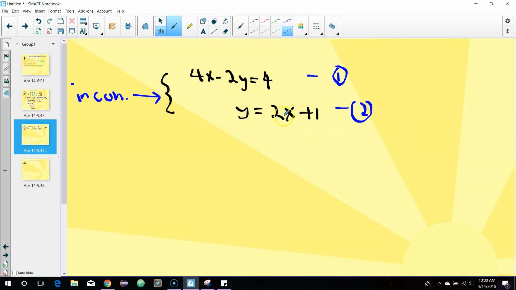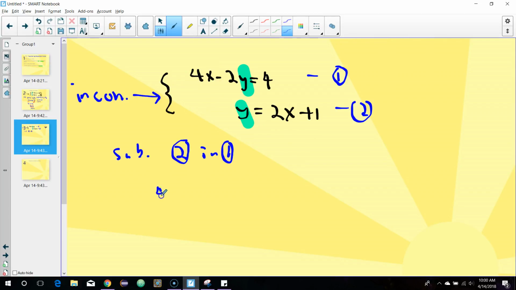Second one, I know that y is already equal to 2x plus 1. That means these two are the same. So I can substitute that in there. So sub the second equation in 1. Second equation is y is equal to 2x plus 1.